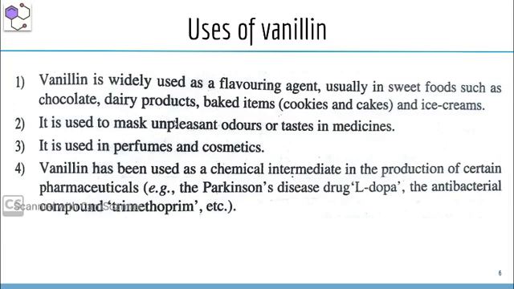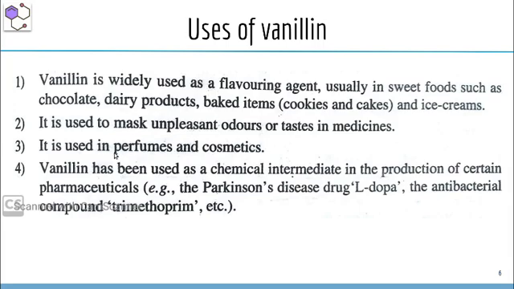It is used to mask unpleasant odors or taste in medicine. In the preparation of medicines, we use some chemicals which have a bad, unpleasant odor. So in order to make it a pleasant smell, we use vanillin.